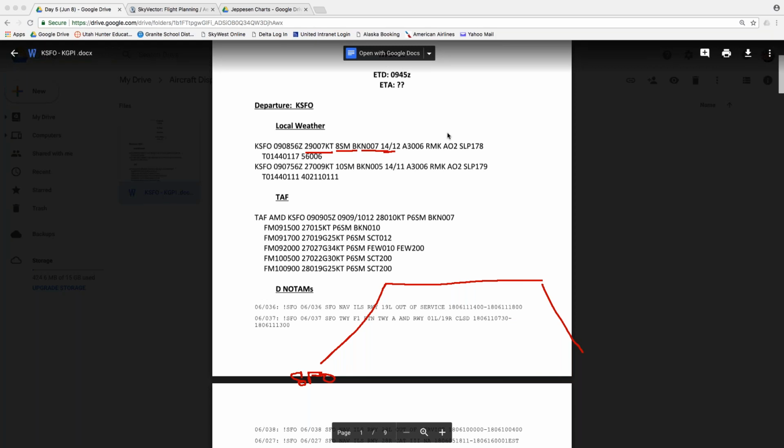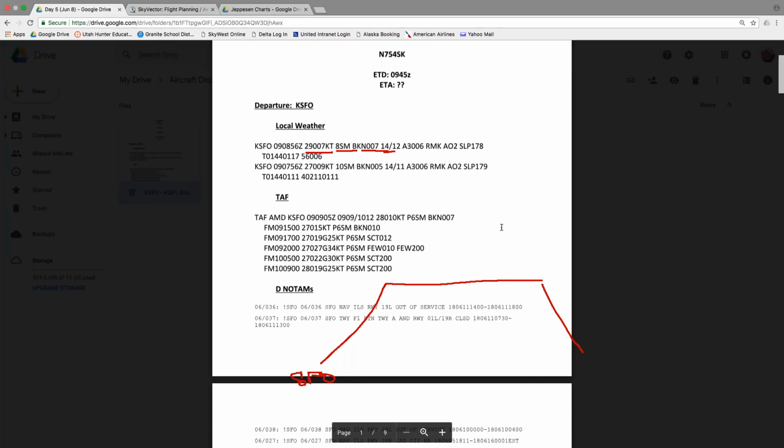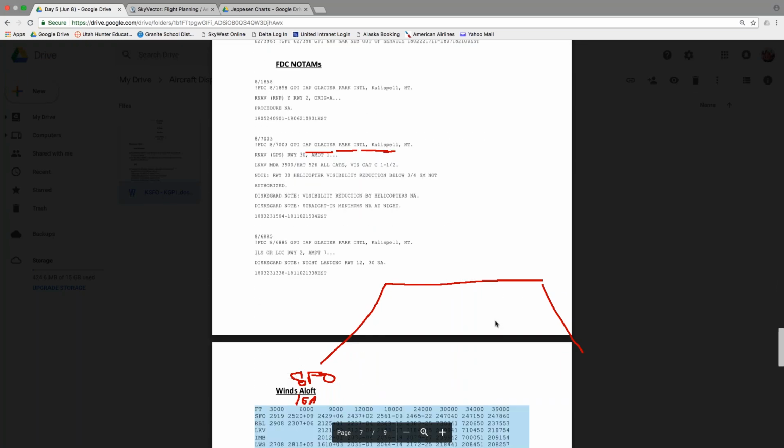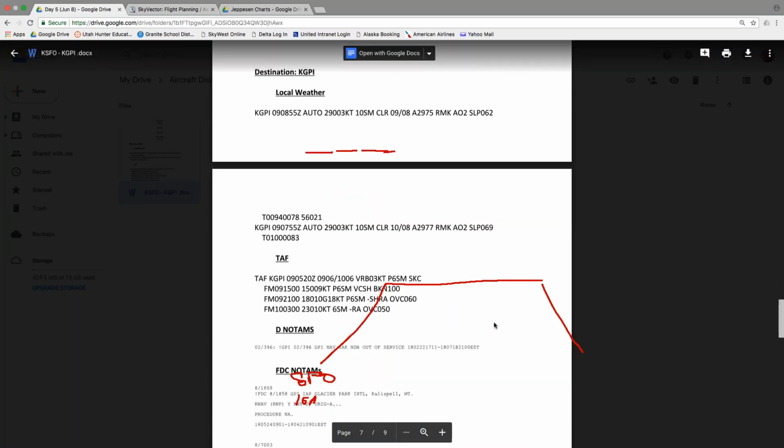So what chart would we use? Which performance chart would we use? 0. ISA. Okay, so we'll call San Francisco ISA. Just right here, I'm going to write ISA. That's all we need to know pretty much on here.